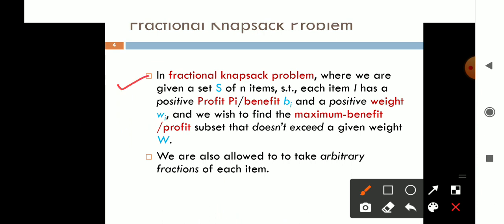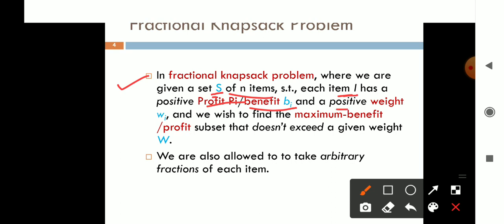So the fractional knapsack problem is where we are given a set S of n items. Here each item i has a positive profit or benefit or value. The item has its value, that is benefit or profit.